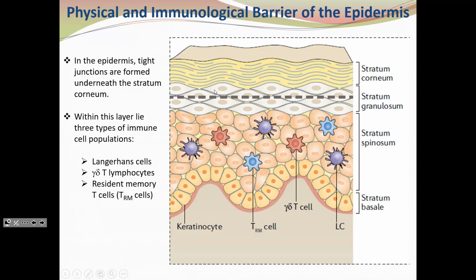These antimicrobial peptides are very important compounds produced by parenchymal cells as well as immune cells to kill any pathogenic bacteria.